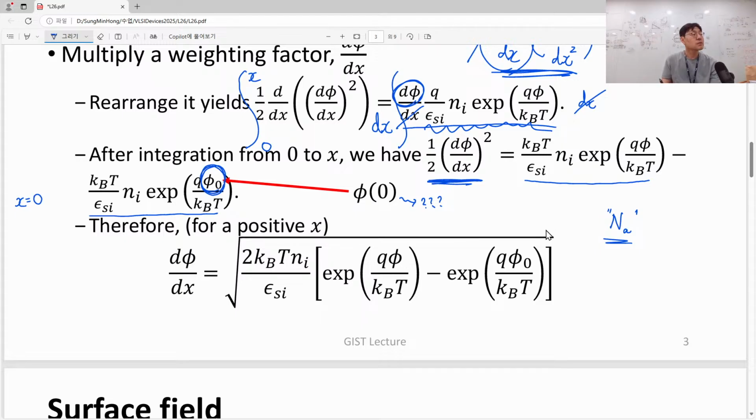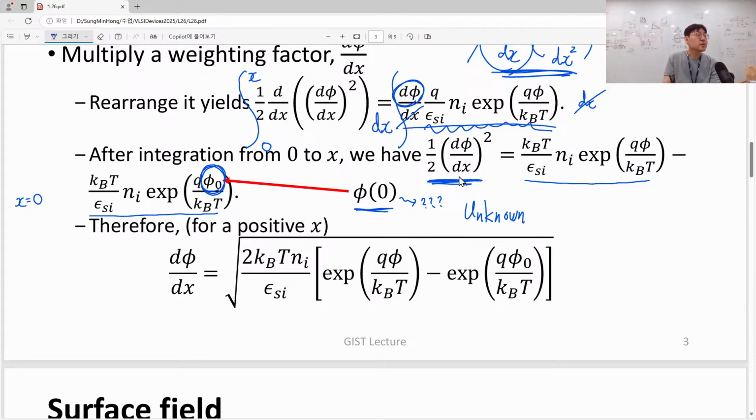However, in the case of our double gate MOSFET, there is no guarantee that this value is fixed to a certain given number. So this number, phi at x equal to 0, should be regarded as another unknown variable. So, well, we will just keep it here.